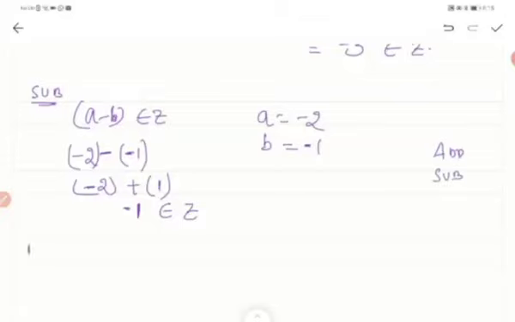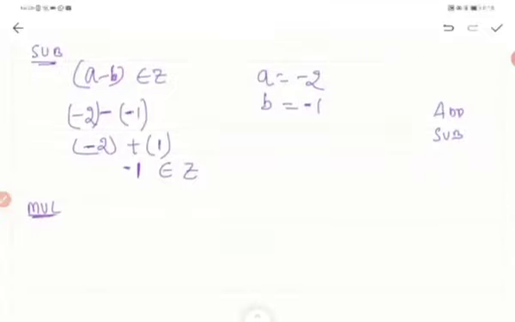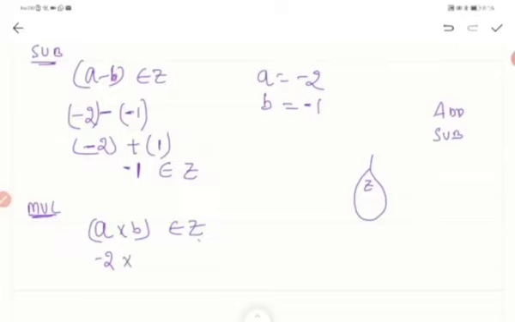Now let's check for multiplication. If you have a, b the same, that means a multiplied by b should belong to Z. That is, the output you get should be an integer. It should be closed in integers. So if I take two numbers, minus 2 and minus 1, minus 2 is a and b is minus 1.